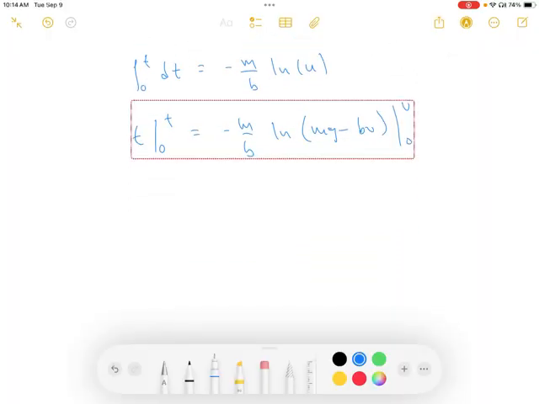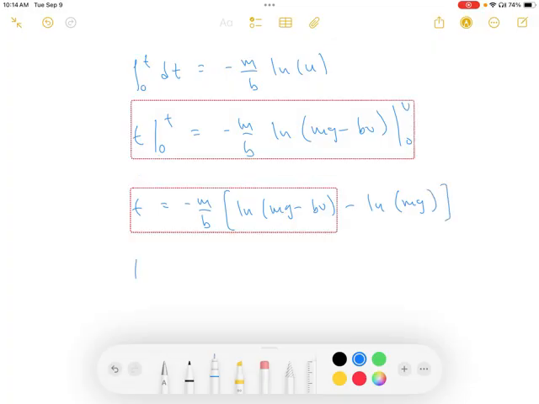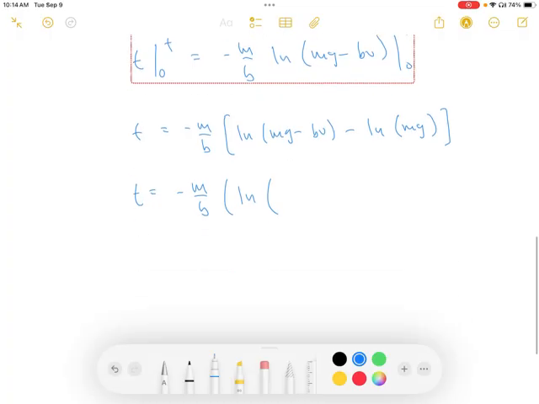This gives us t equals minus m over b times natural log of mg minus bv minus natural log of mg. t equals minus m over b times natural log, according to the laws of logarithms, of mg minus bv divided by mg.